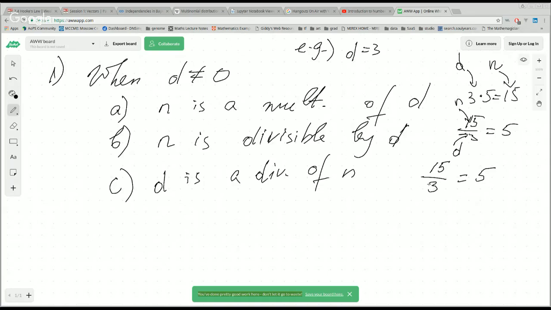And the last statement is d divides n. In other words, you take n, you divide it by d, you get an integer. So same as here. These 4 statements mean the same thing. And the reason I say when d doesn't equal 0 is because we obviously cannot divide by 0, so we need that statement there.